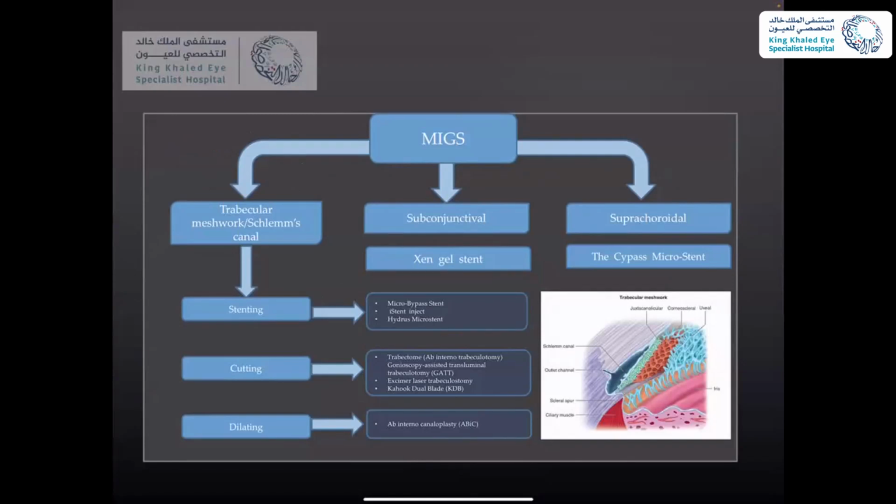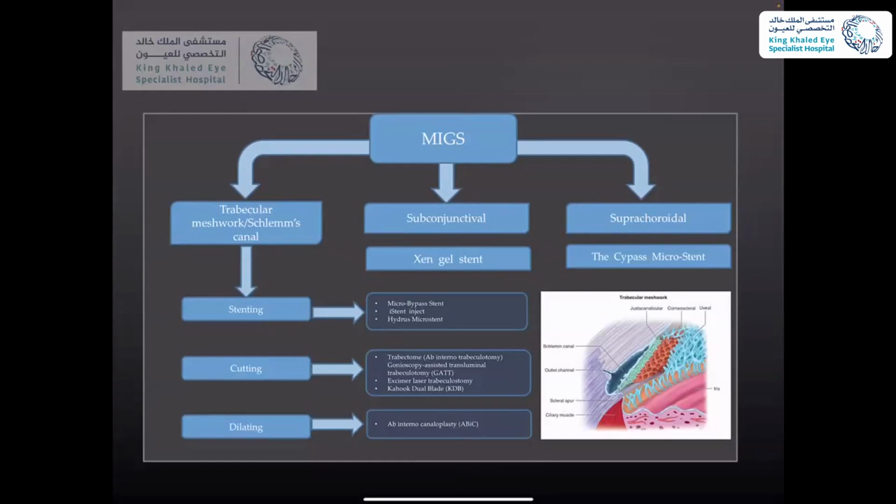For the subconjunctival area, the Xen stent is a very promising implant that gives you some sort of flow from the anterior chamber to the subconjunctival area.